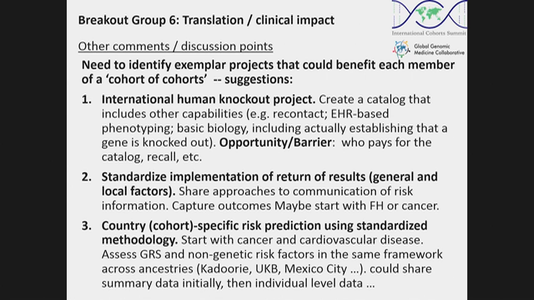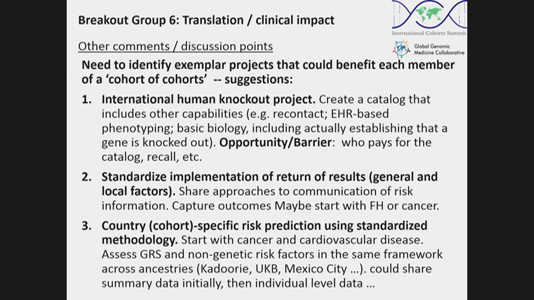A second exemplar project would be to standardize the implementation of some of the results that we developed, specifically the return of results. So we recognize that return is influenced by local practice and local culture and traditions, but there ought to be ways in which we can share communication of risk, and it would be important, obviously, if we did that to capture outcomes as well.